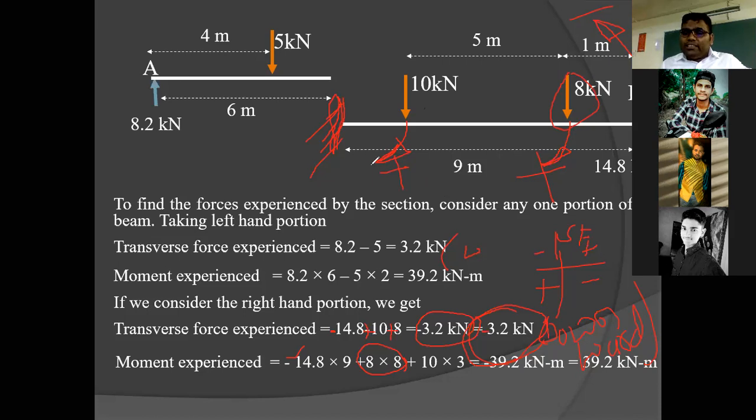Because the total is 9, and you just minus this 1, 9 में 1 minus करो, how much will you get? 8. So this 8 is 8 meter from this end. That's why it becomes 8 into 8.